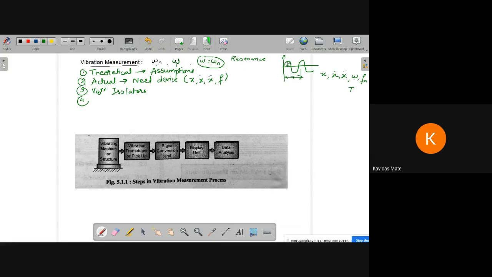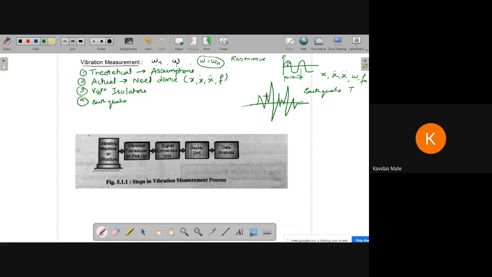Now, you may have seen vibration measurement being done, for example in an earthquake. On the earth's crust, they measure the amplitude of vibrations. And if all of a sudden there are certain peak vibrations, they say there is an earthquake happening on the earth.